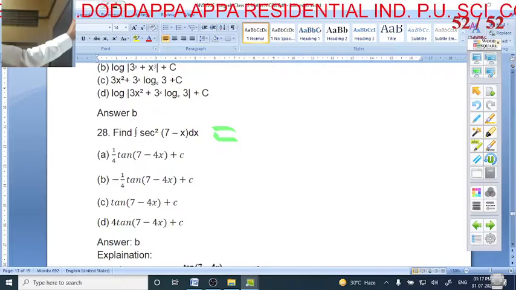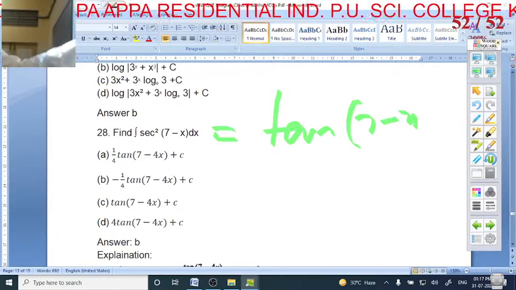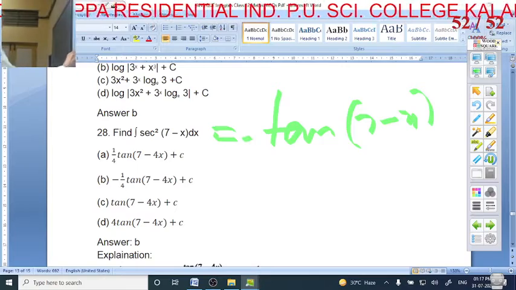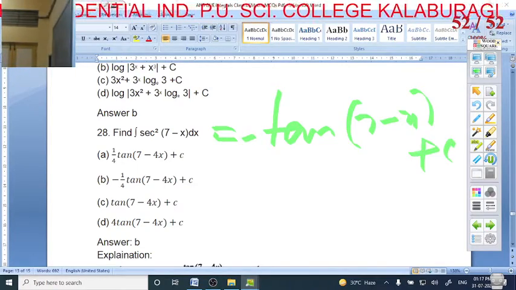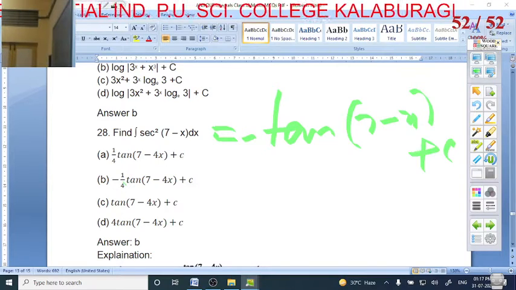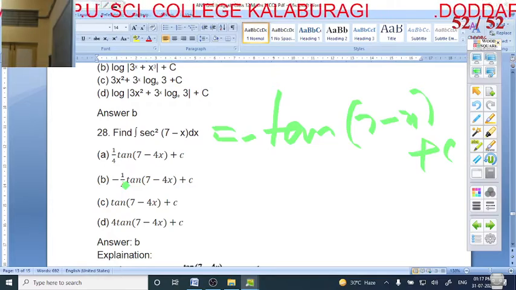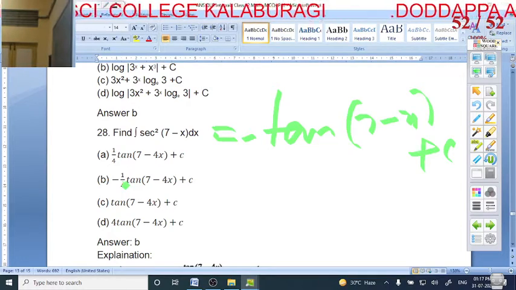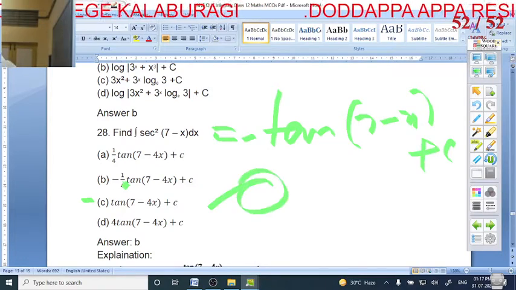Here, x square tan 7 minus x divided by minus 1 plus c. Here this minus is not extra printed, that is minus 1. Make it as your minus extra, that will become the answer.